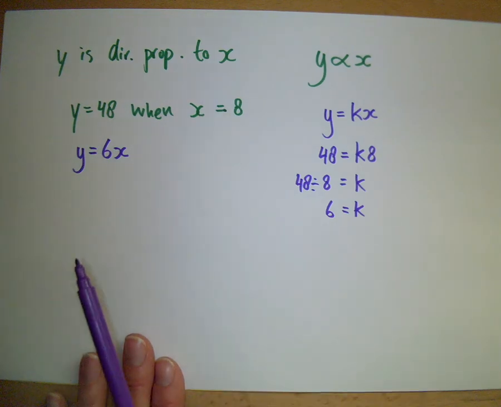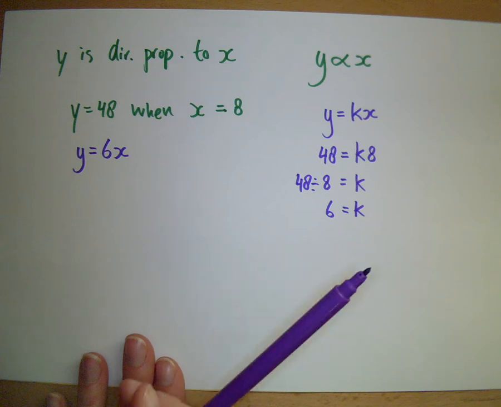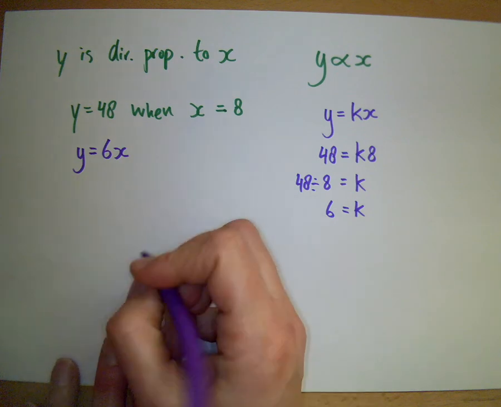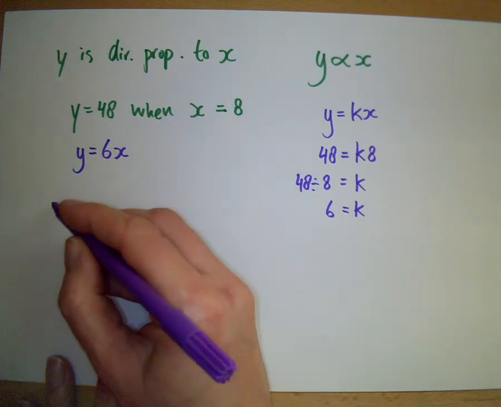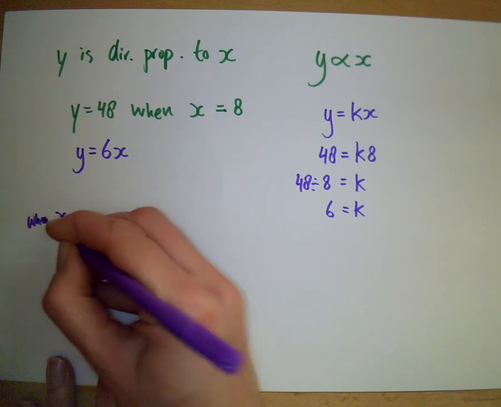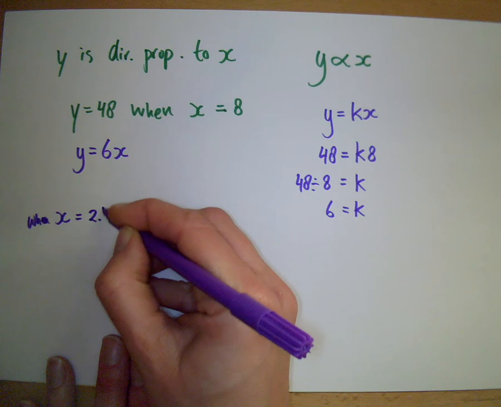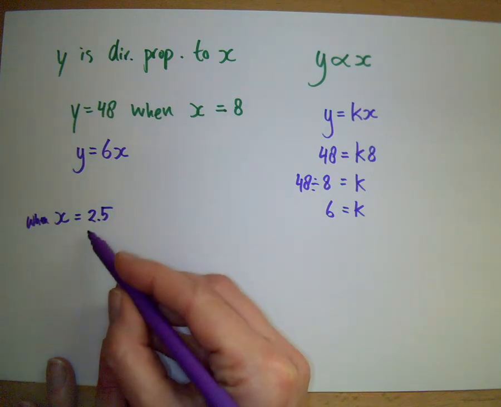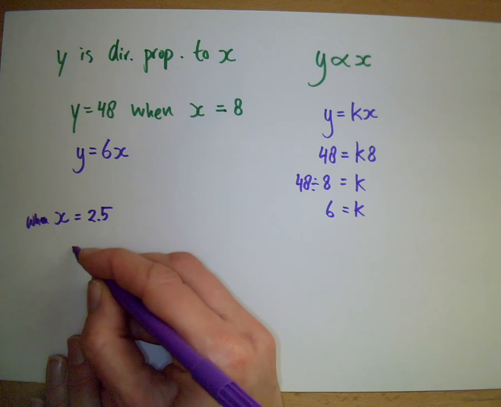All right. We could also now find the value of y when x is 2.5. So what I just told you that you're able to do, let's do one of those. What does y equal when x equals 2.5? Well, we plug in 2.5 for x.